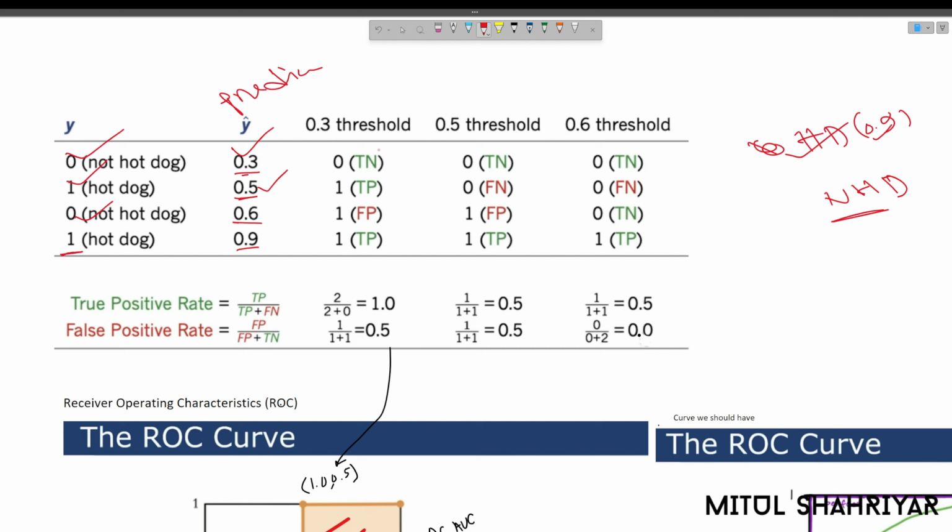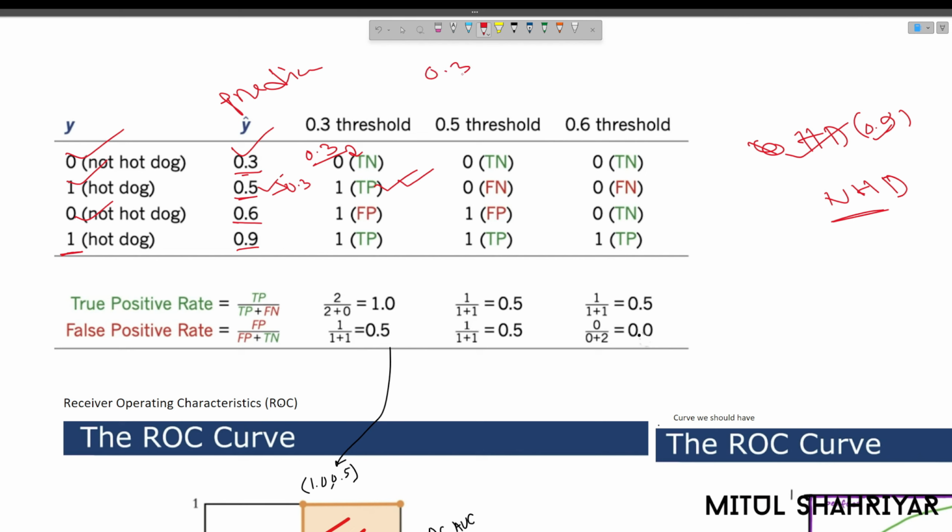And 0.9. So now if we say we have a threshold of 0.3, that means if we have a value bigger than 0.3, we can consider that as 1, not 0.